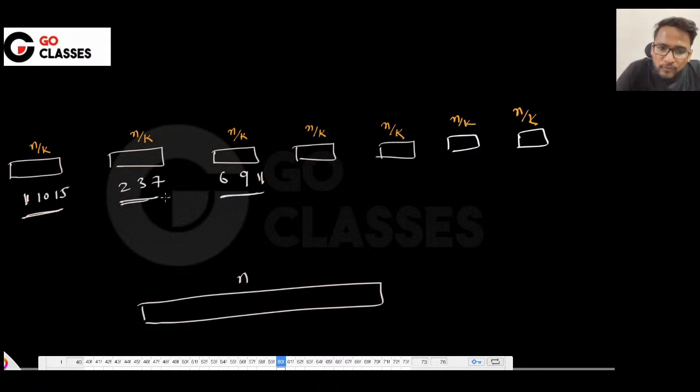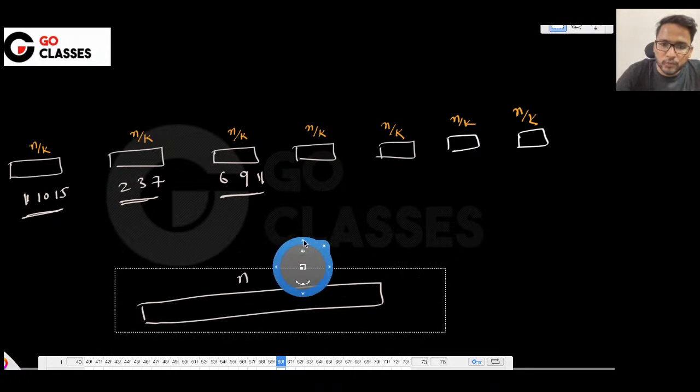But if you put all of these numbers together, you will get something like 1 10 15 2 3 7 6 9 11, and so on. Now tell me, if you put all of these together, are they sorted? Obviously they are not sorted. So that's what they're asking: how can you get one sorted array?